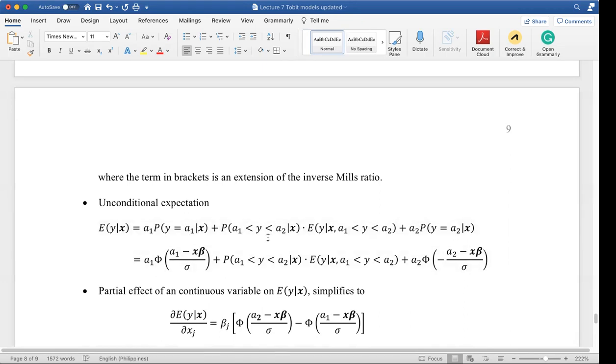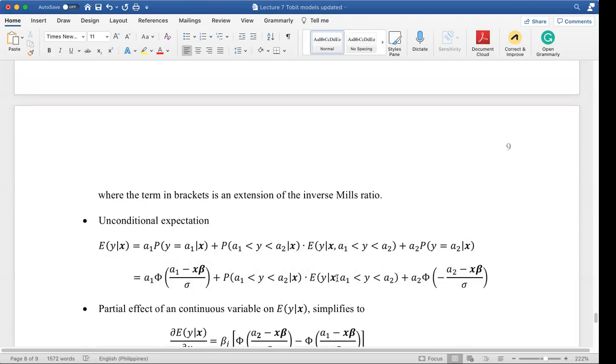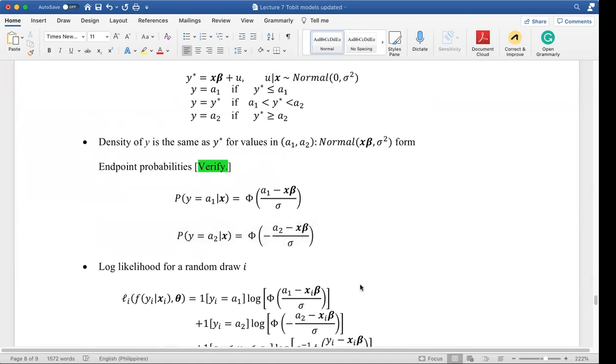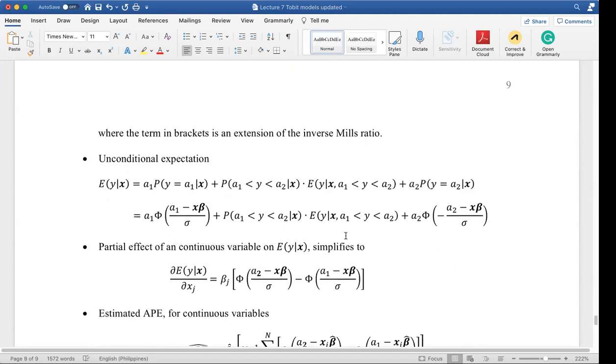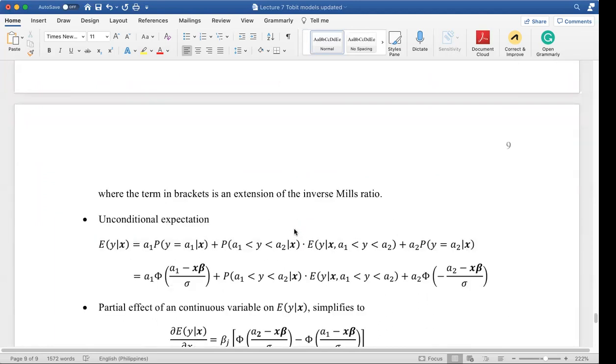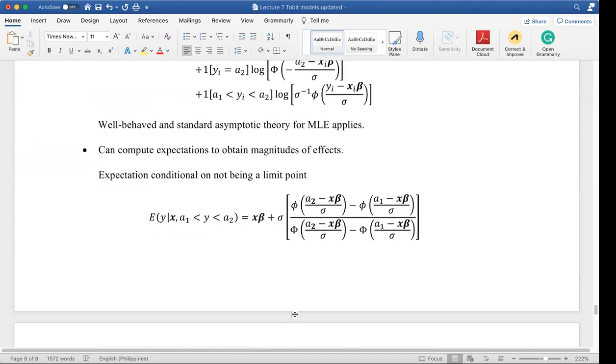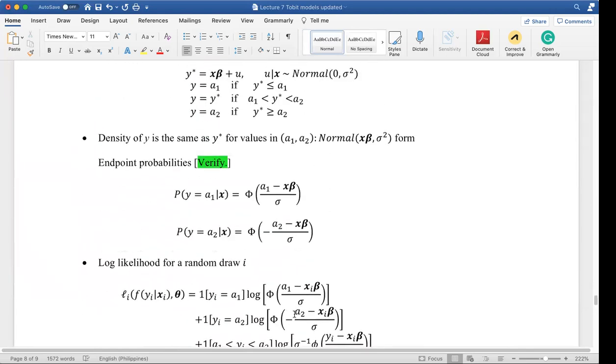Okay, so you can fill in the probabilities: the probability that y is equal to y1, the probability that y is equal to y2. And you had this, and then for the middle term here, you have the probability that y is between a1 and a2.